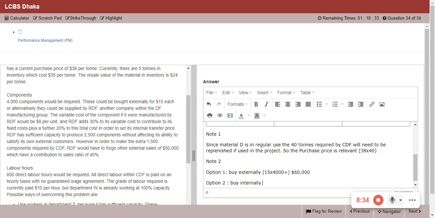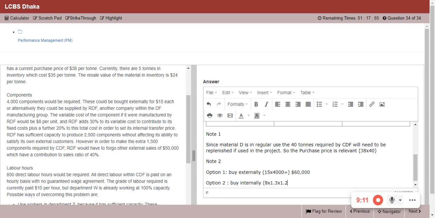So if we buy internally, what is going to be my relevant cost? $8 per unit, multiplied by 1.3, since they add 30% to contribute to fixed cost. And to that we add 20% to this total cost to set its internal price, so multiplied by 1.2.